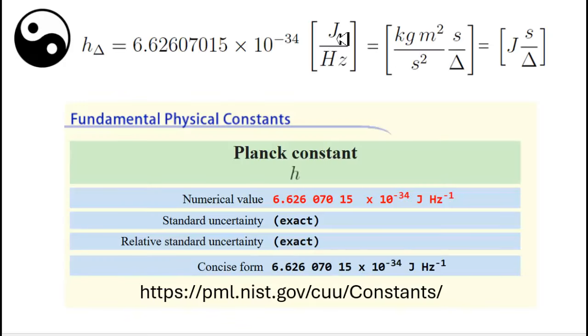So this is joule per cycles per second. And when you rewrite this so that you put the second per cycle here, dividing by cycle per second is the same as multiplying by second per cycle. And so in modified unit analysis, the units for Planck's constant are joule times second per cycle.